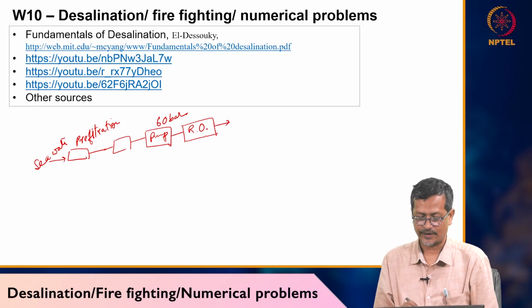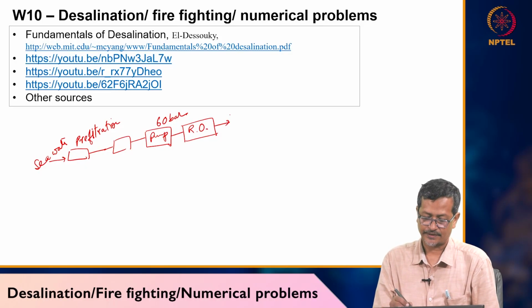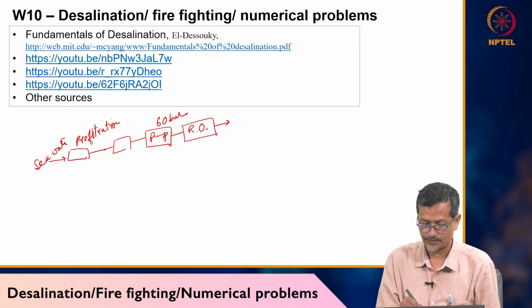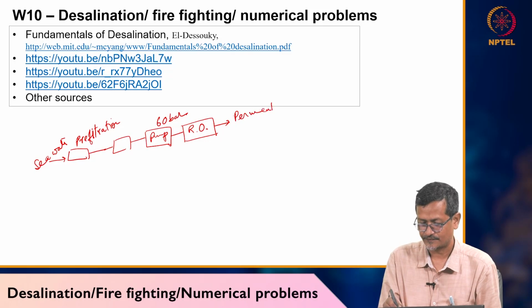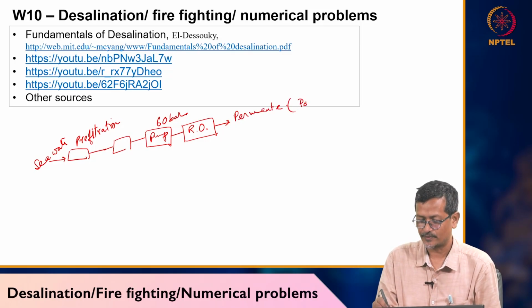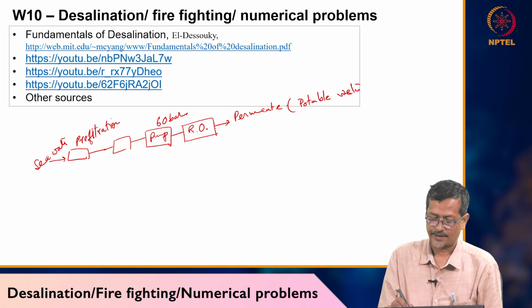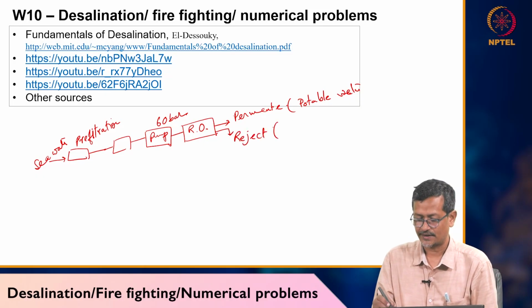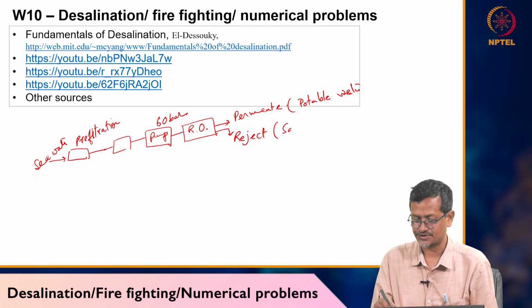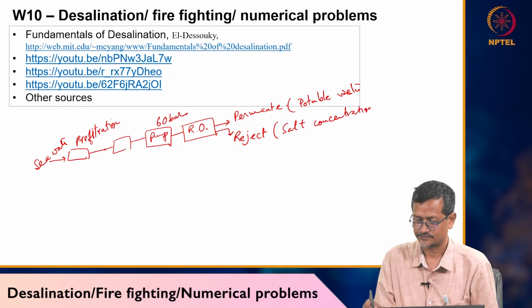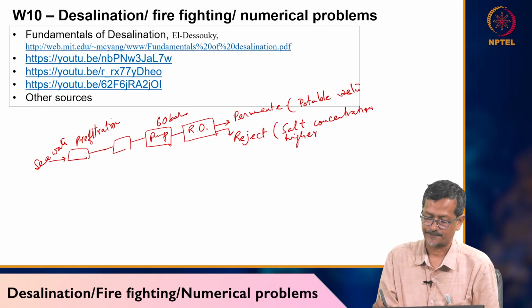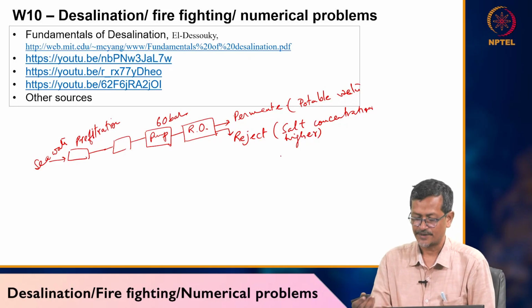So the RO module will take seawater and give permeate, which is potable water, and another part will be the reject. The reject will have a higher salt concentration, so many people say this is actually brine.